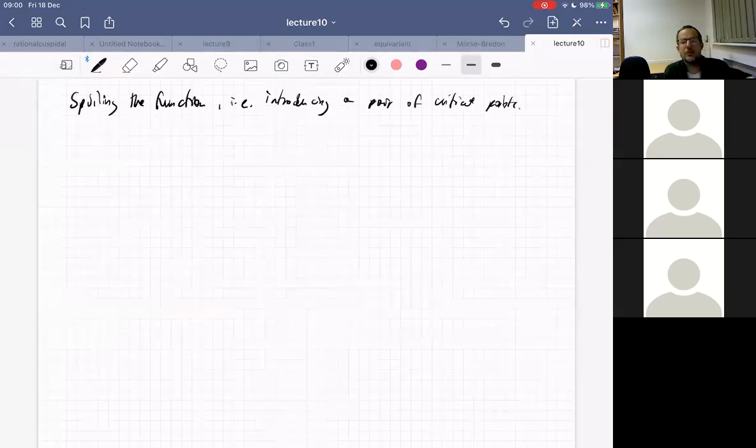So this is a fairly general procedure. You have a function, and you can introduce a pair of critical points basically out of nowhere. And Milnor gives a recipe for that.